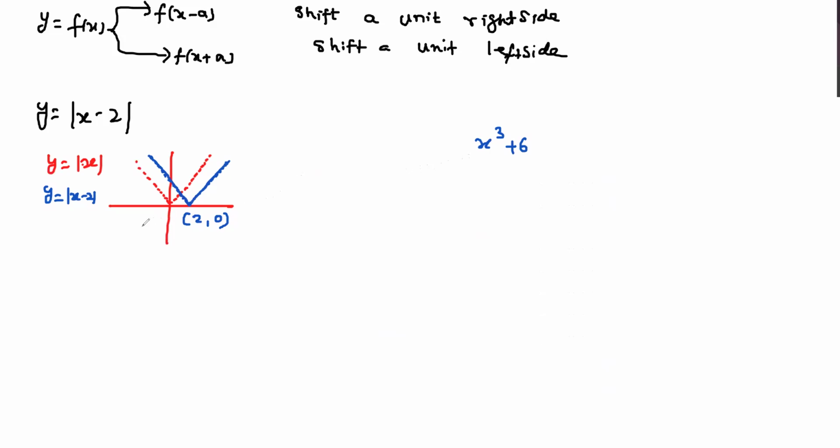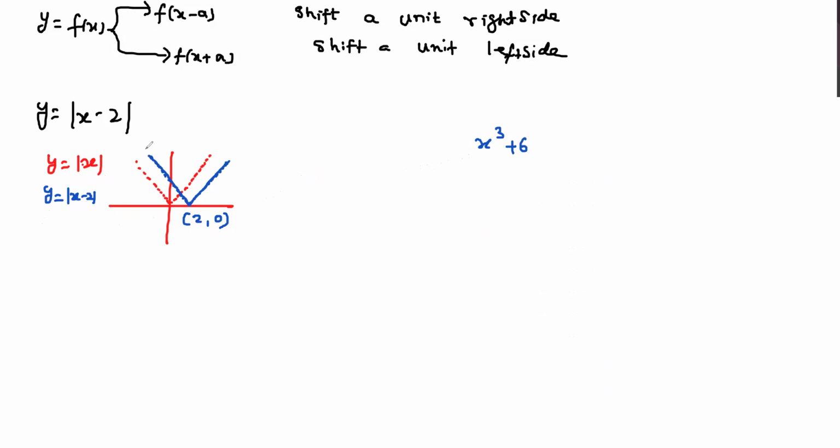Because you can see when you put the value of x is equal to 0, what will you get? Minus 2. No, put x is equal to 2. So on putting you are getting 0.